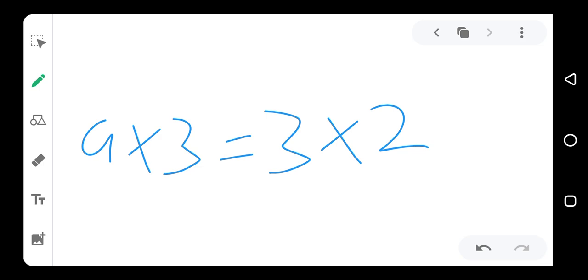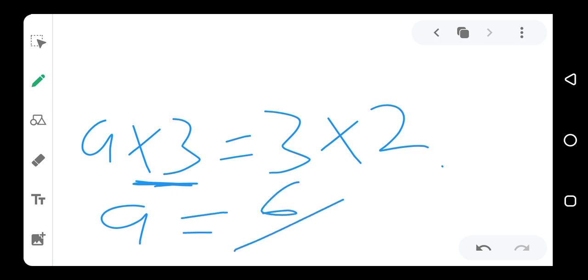So that means that for a to stand alone, we take 3 to this side. 3 times 2 is equal to 6. So it becomes 6 over 3, which is equal to 2. So a is equal to 2.